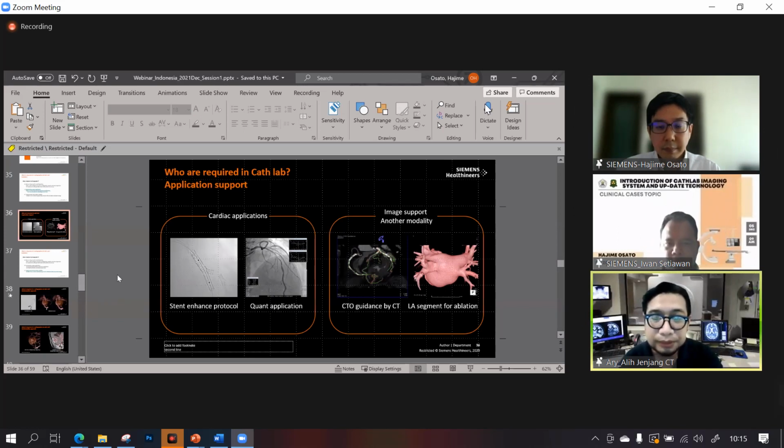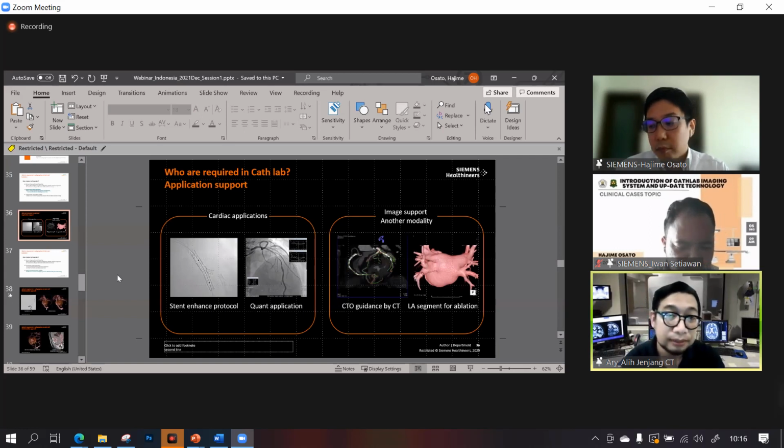The second question: I want to hear your explanation about whether it is possible for a hospital to run an angiographic examination without a radiographer inside.